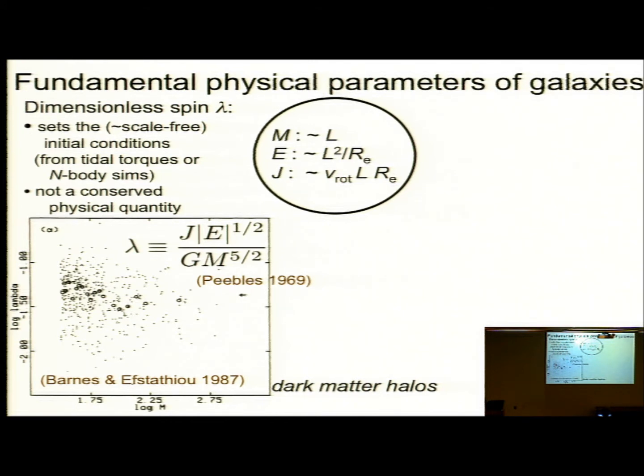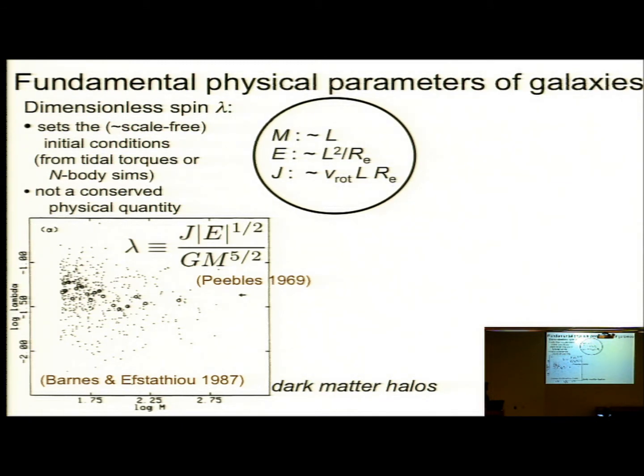It turns out that in hierarchical galaxy formation it is predicted to be a fairly weak spin parameter that is, on average, a universal constant with redshift and with mass of the halo, as shown in this paper by Barnes and Efstathiou. So this gives us some robust initial conditions on galaxy formation.